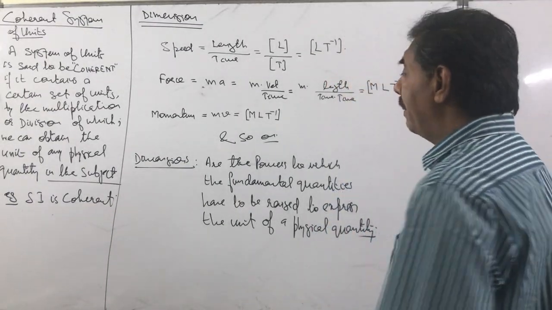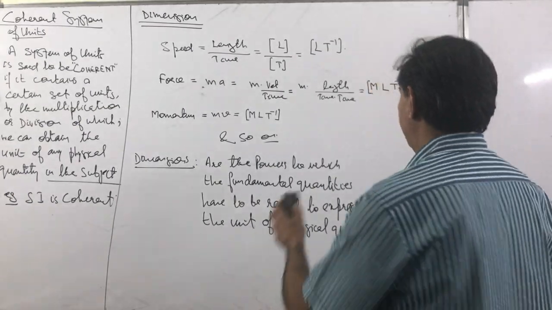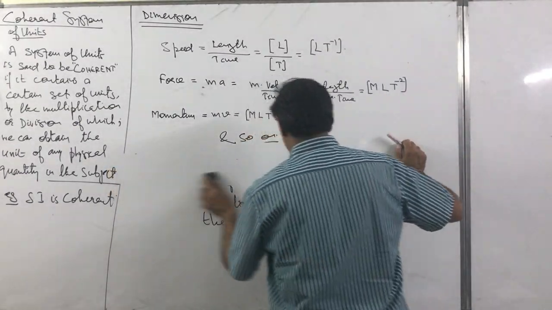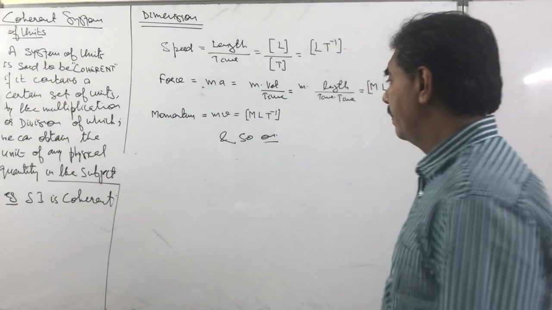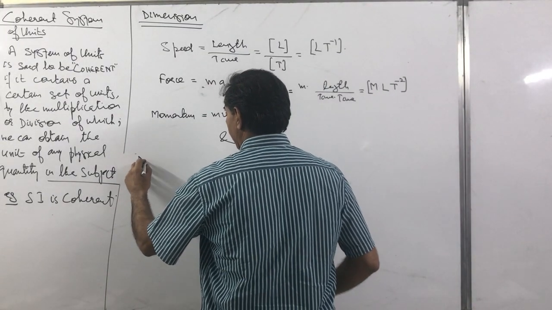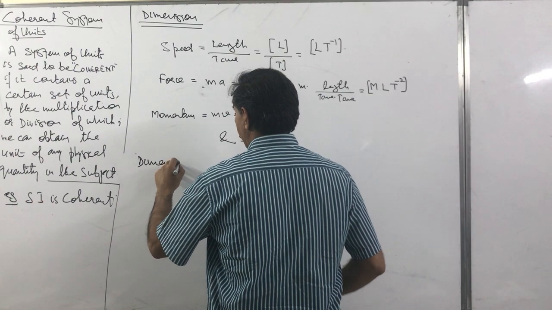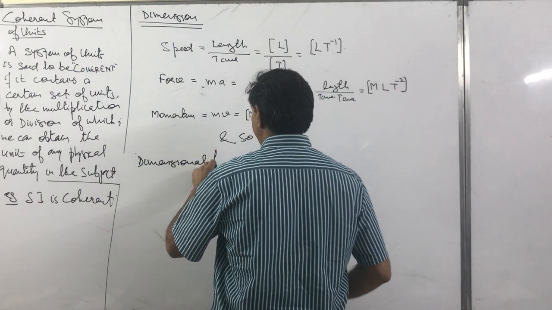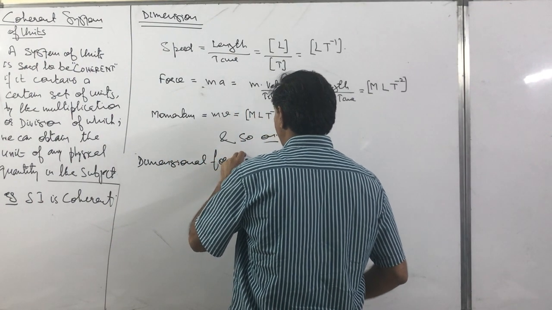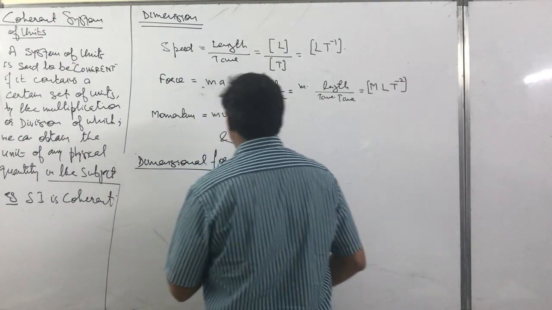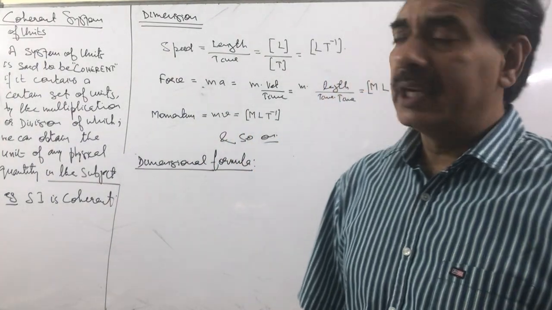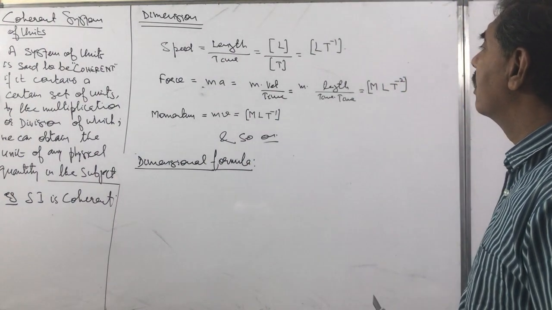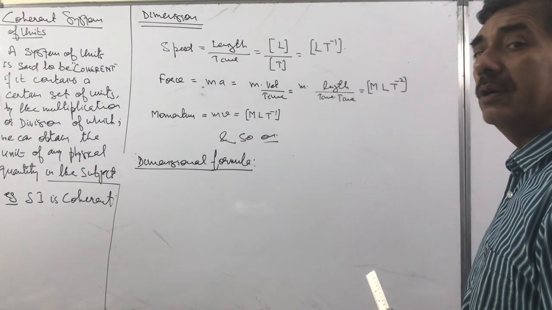Dimensional formula. How many quantities did we require to express speed?